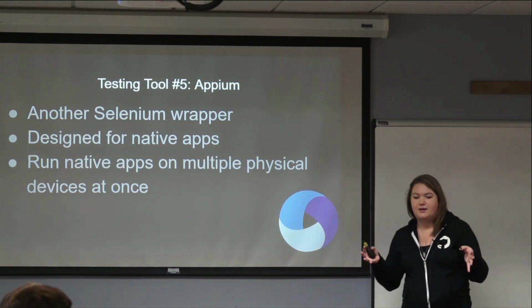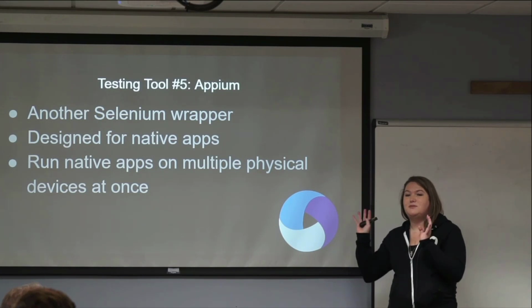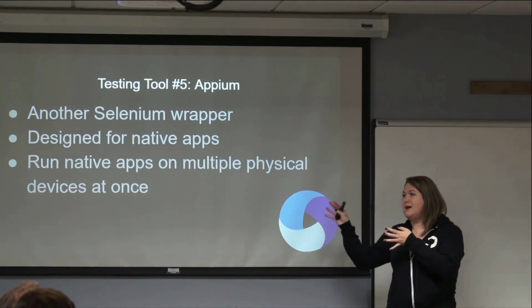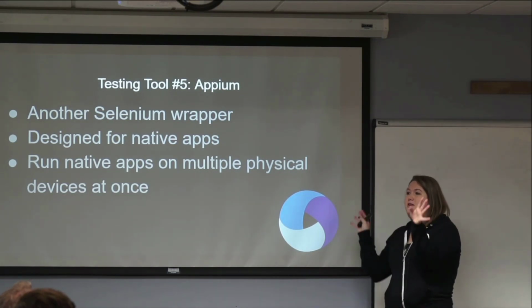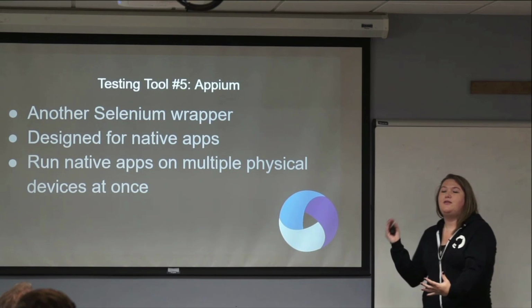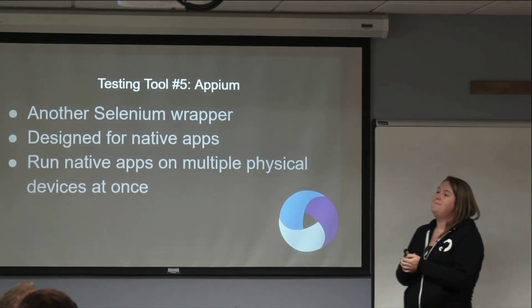They will actually buy and ship in the most popular physical devices used by their customers, and they will mount them on a wall. They'll then write their tests, and then they will push out their tests and run all of their tests on different devices at the same time to see in real time how the functionality works on their different devices.